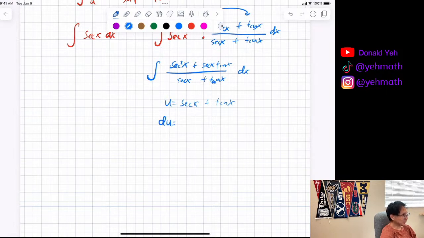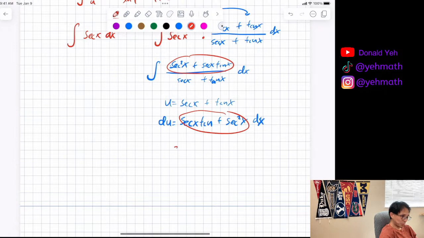What's du? Secant x plus tan of x. No, secant of x tan of x plus secant squared of x. Oh, du. Does that look familiar? Yeah.